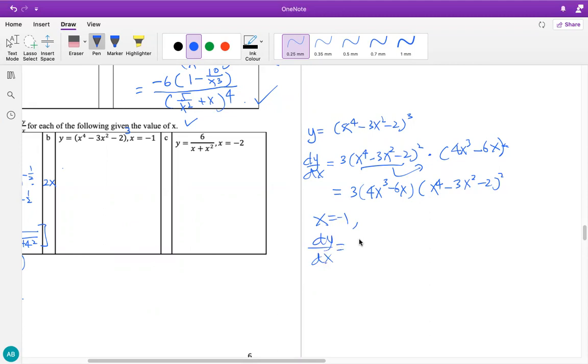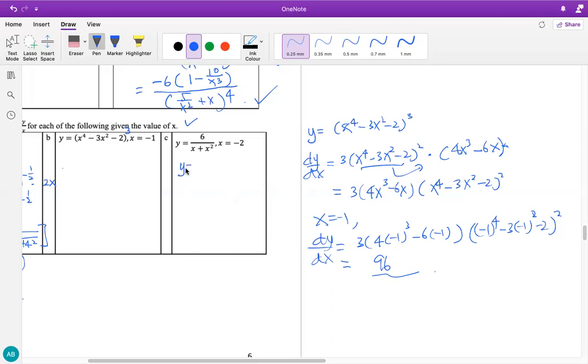So dy dx is 3 times 4 times negative 1 cubed minus 6 times negative 1, and then negative 1 to the power 4 minus 3 times negative 1 squared minus 2 squared. So you use your calculator, you get the answer here. The answer should be 96. All right, so next is this question. Let me check. Okay, correct.